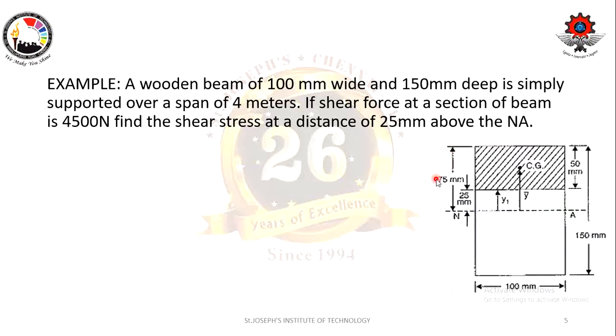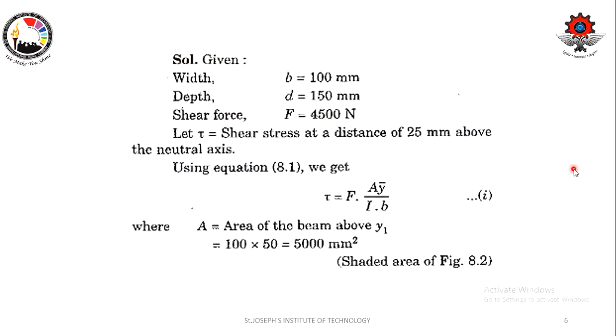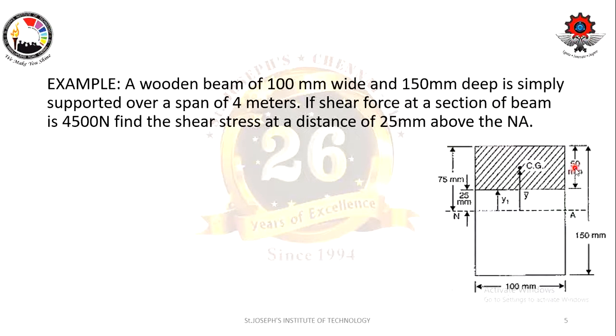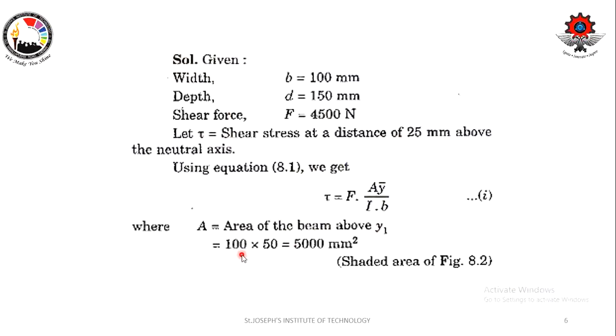If you subtract this 25 from the 75, you will get the area above this particular junction, that is 50 mm. When it comes to area, it is depth into width. The depth of the shaded portion is 50 and the width is 100, so the area is 100 into 50, that gives you 5000 millimeter square.